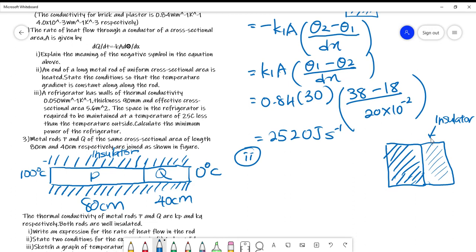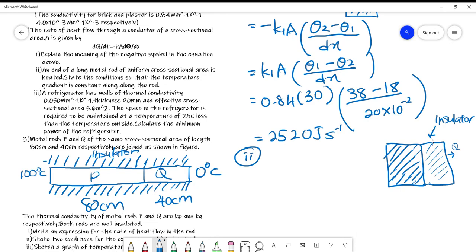So only a small amount of heat will flow into the inside of the house, which means there is slight heat loss into the inner parts of the house.